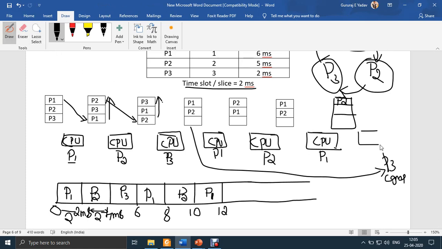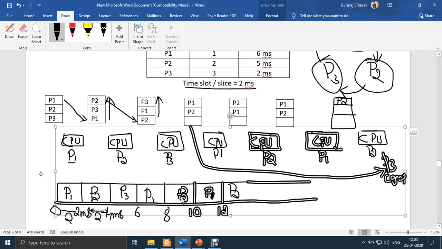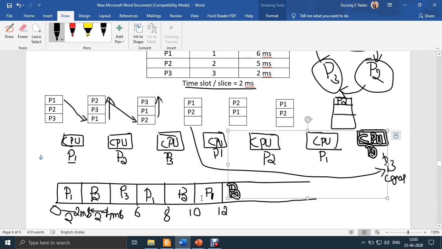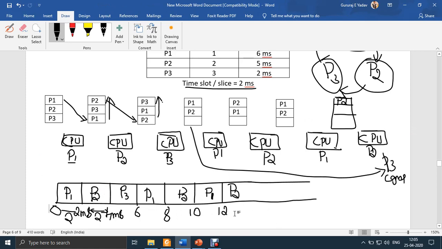it will get its chance to execute at 12 milliseconds. How much time does P2 require for completion? 5 milliseconds. Out of 5, how many slots have you given? 1, 2, and this one is 3. 2 plus 2 is 4, so it requires only 1 more millisecond.